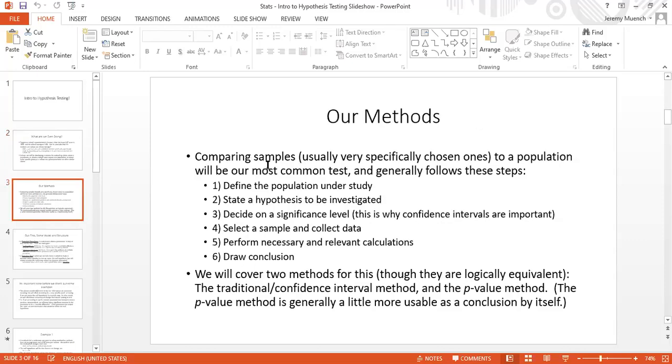So, our methods. If we're comparing specific chosen samples to a population, this is going to be our most common test. We might compare two samples together. This is also an exceedingly common test.